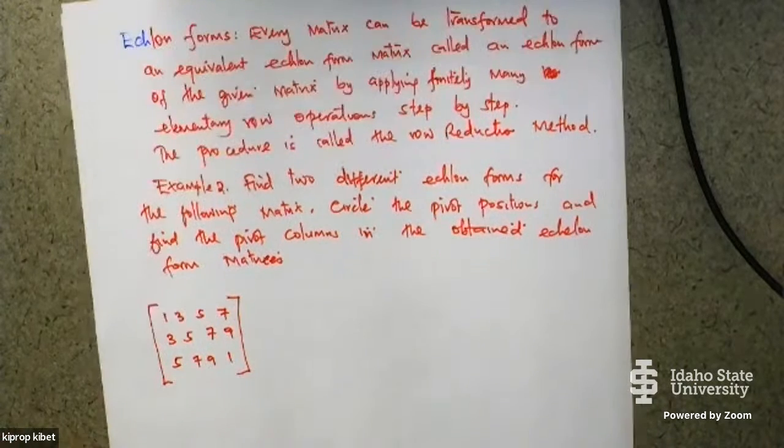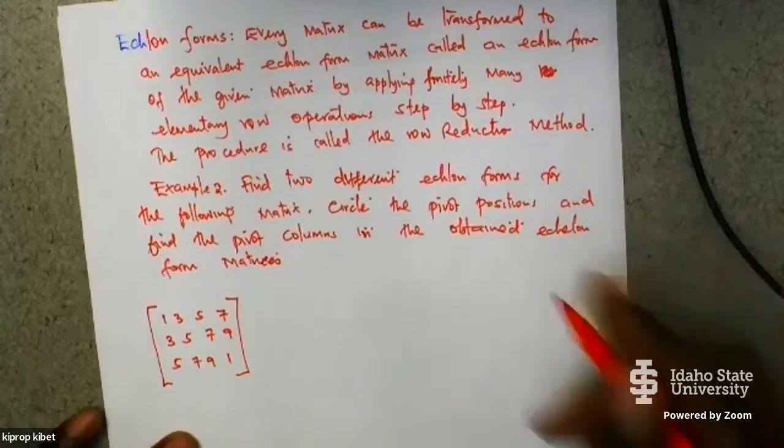So how can we write this matrix in echelon form? We write it in the form whereby all non-zero rows are above the zero rows, and the leading entry in a non-zero row is strictly to the right of the leading entry in any row above it.